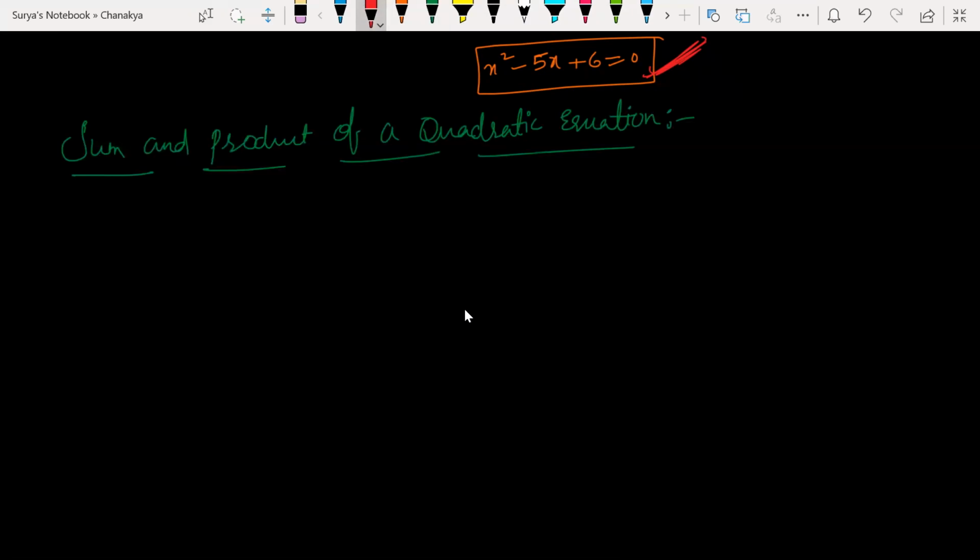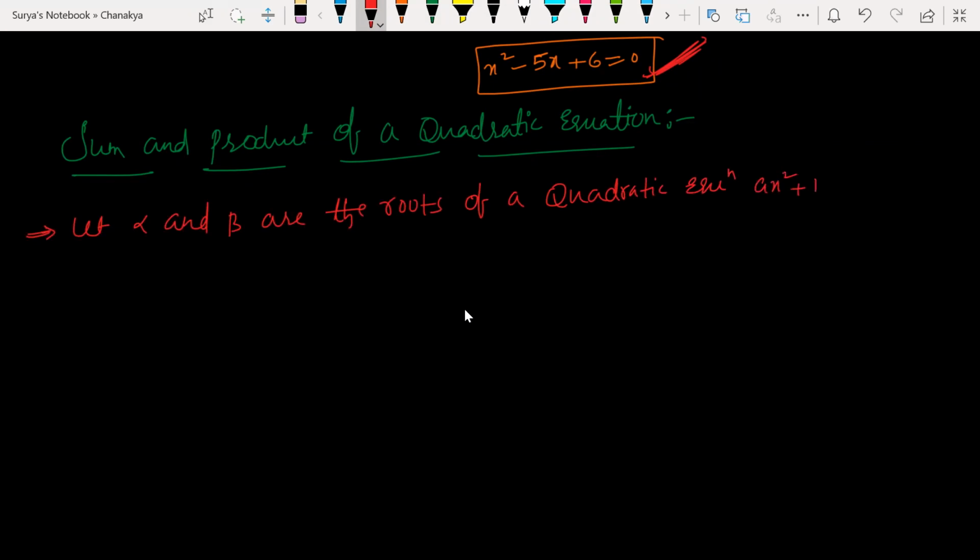So sum and product of the quadratic equation. Look at this. Let alpha and beta be the roots of a quadratic equation ax square plus bx plus c is equal to 0.